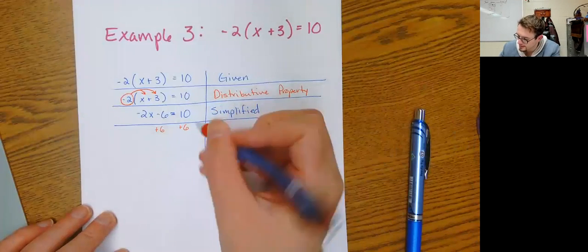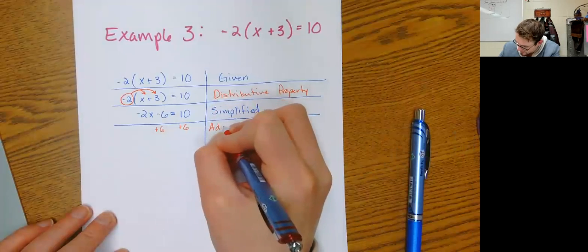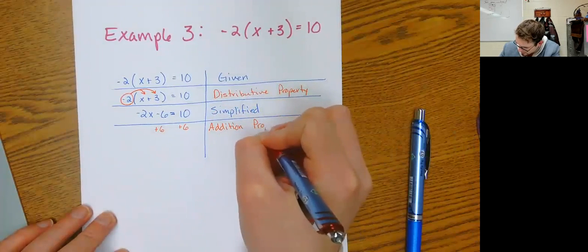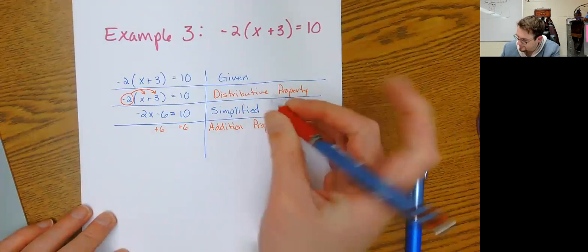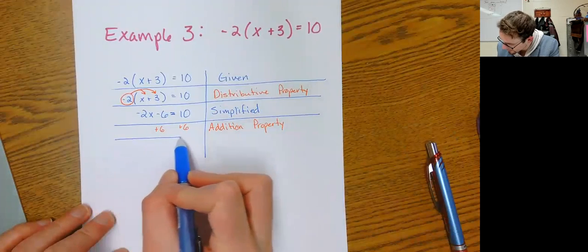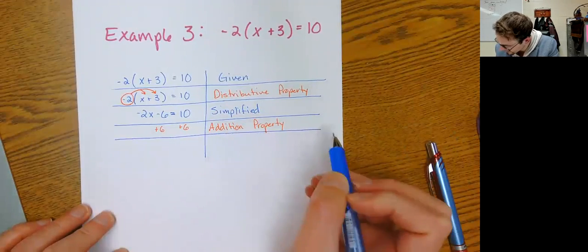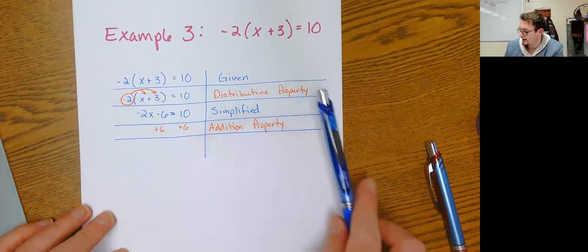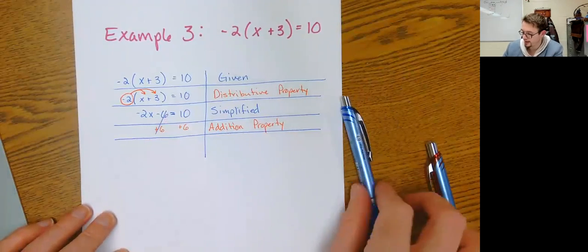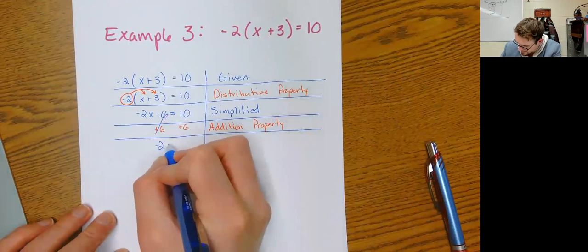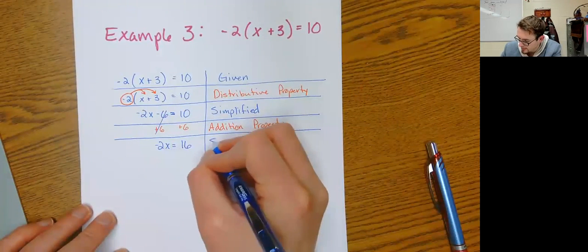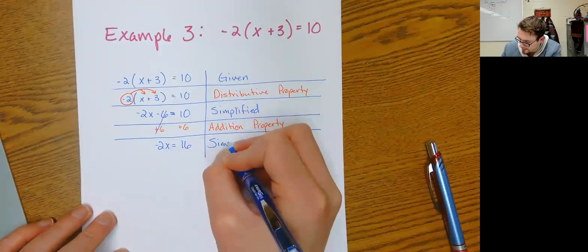And that would be the addition property. And that would cancel out, and I would be left with -2x equals 16. And that would be because I simplified it.